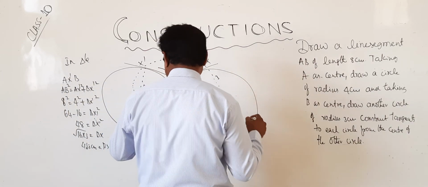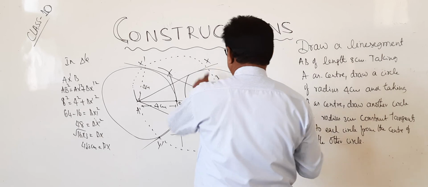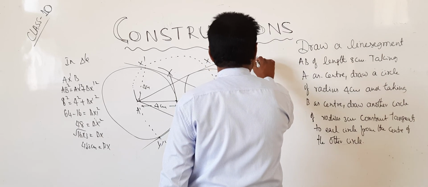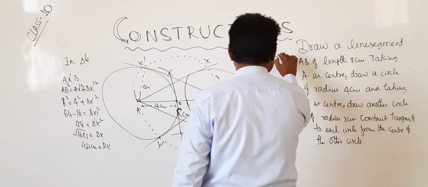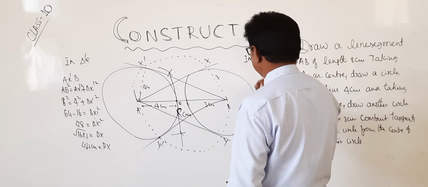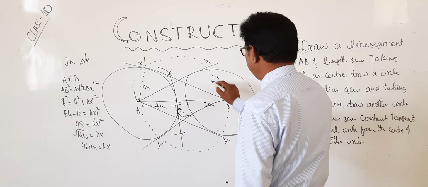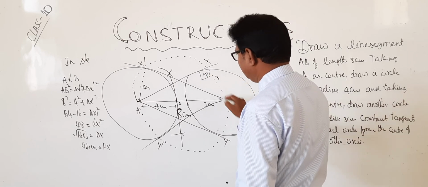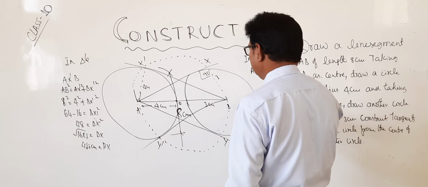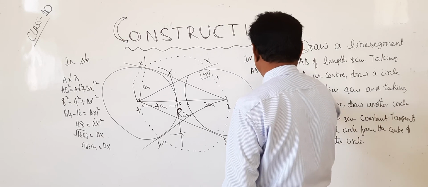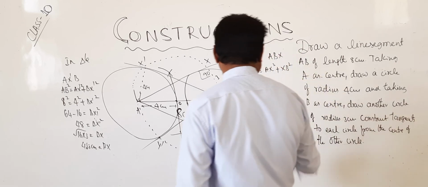Yes, in this what happened? In triangle ABX, this is 90 degrees, therefore AB square is equal to AX square plus XB square.